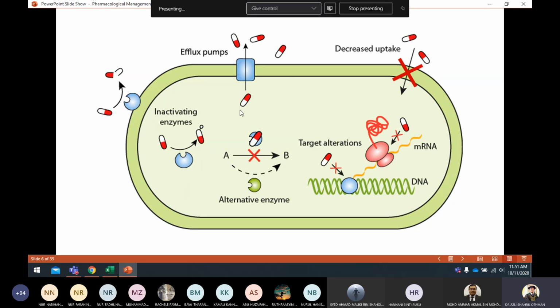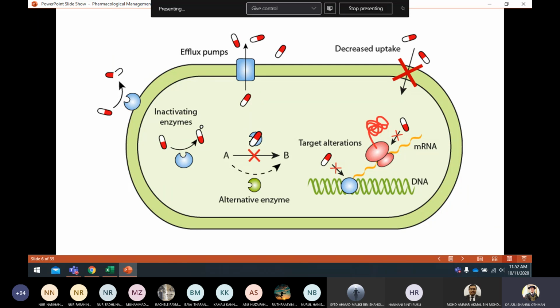On the other hand, you have a few mechanisms, for example, the inactivating enzymes, for which the mechanisms are much more established. We understand quite a bit more in terms of the science behind it.